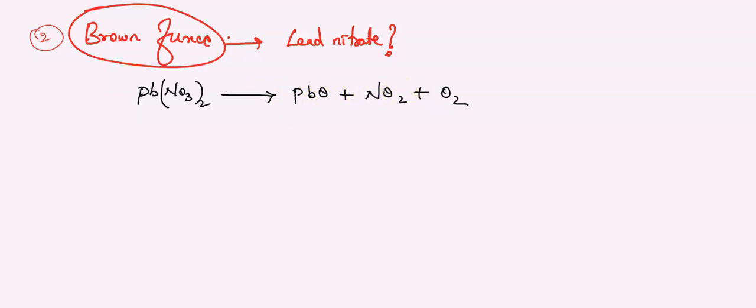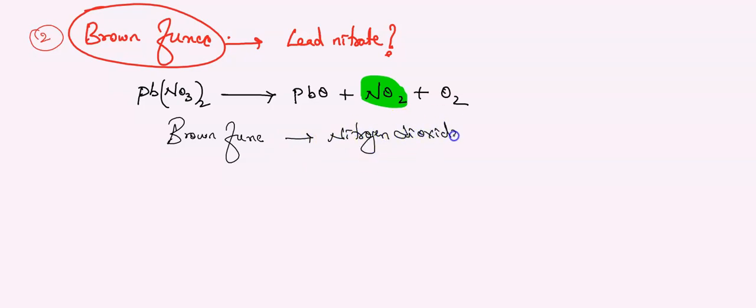Now the question is very simple, that brown fume is a gas. Are you getting my point? So the fume obtained here is nitrogen dioxide. So which is the brown fume that is liberated? The brown fume which is liberated is nitrogen dioxide.